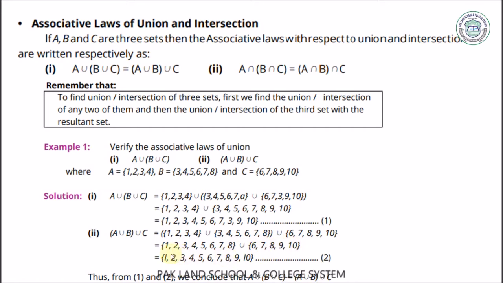Its answer is 1, 2, 3, 4, 5, 6, 7, 8, 9, 10. It is equation 2. From equations 1 and 2 we conclude that A union (B union C) equal to (A union B) union C, and we verify the associative law of union.